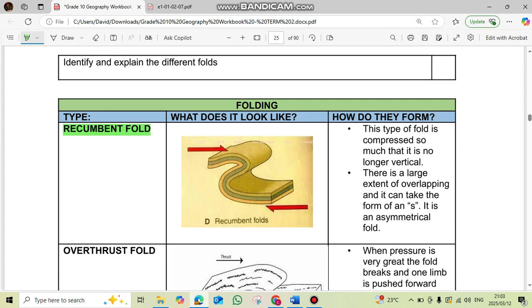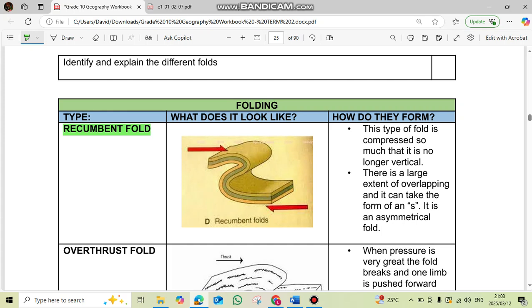If the compressional force is a bit lighter, we get anticlines and synclines that form the symmetrical folds. When the compressional force is increased or intensified, we then get overfolds, recumbent folds, and your overthrust folds.